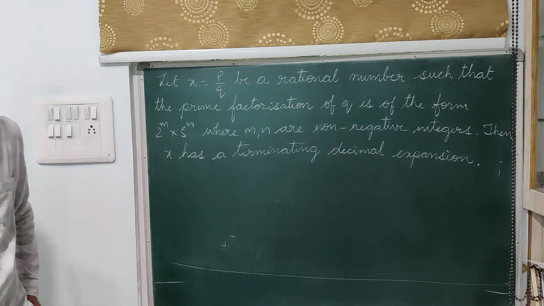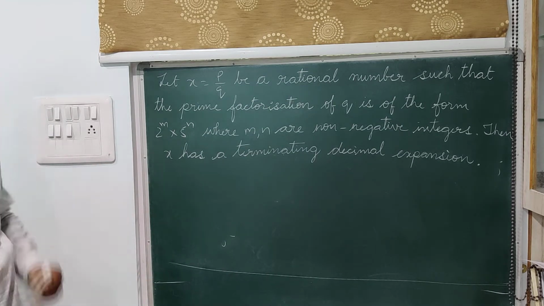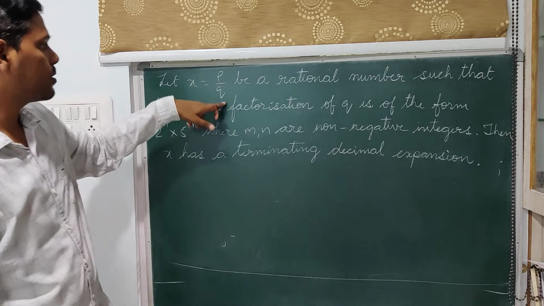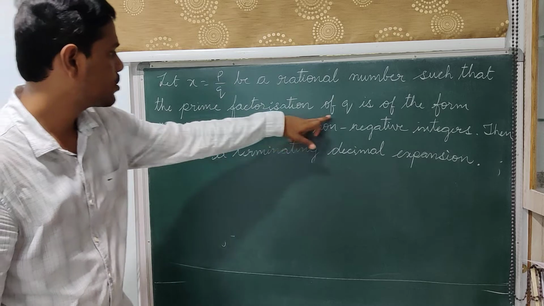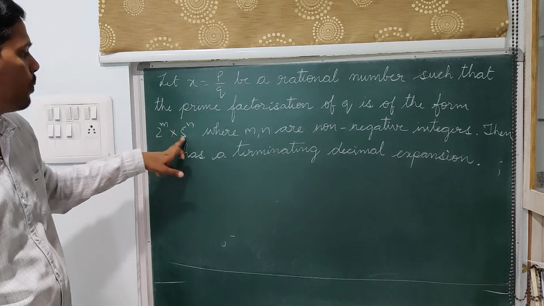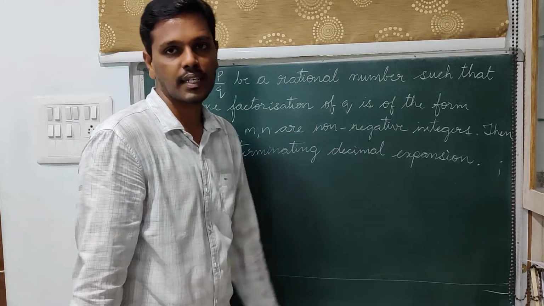So that is the statement that we can make on the observations that we have already marked out. This is the case when x is a rational number satisfying this condition. The condition is the prime factorization of q is of the form 2 power m into 5 power n, then x has a terminating decimal expansion.